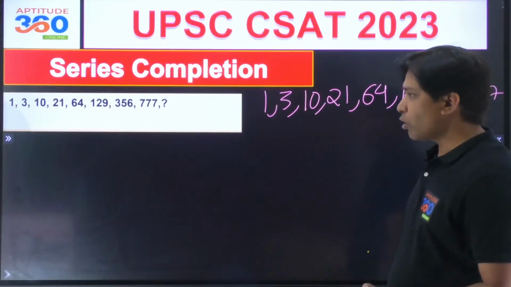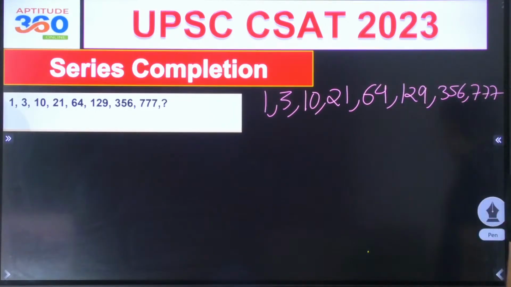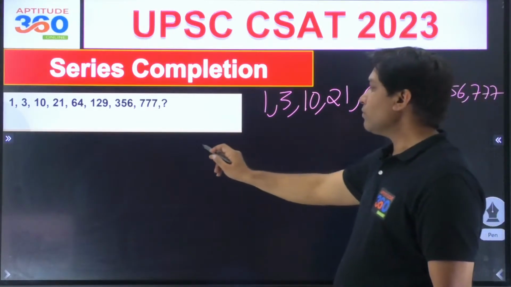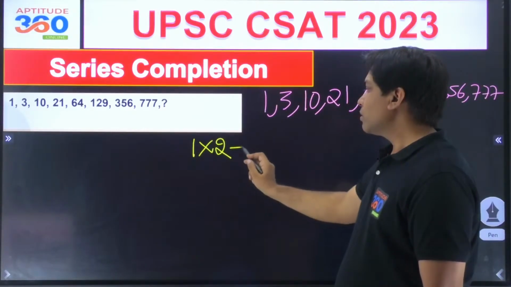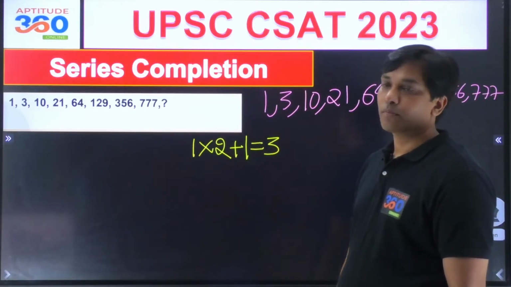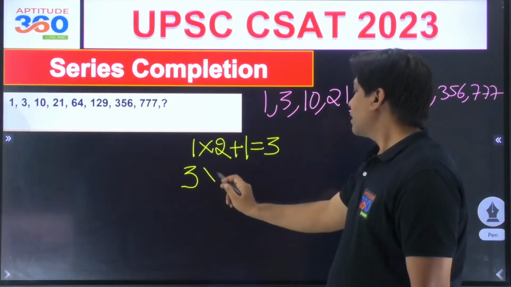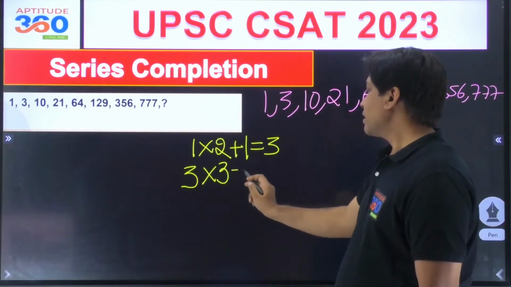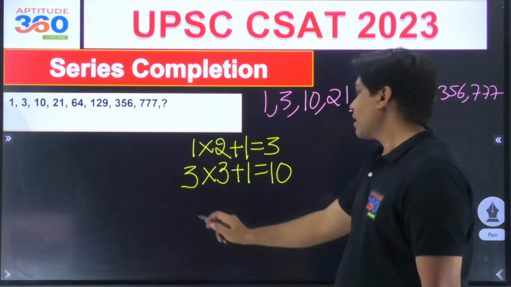What should we do out here, people? Nobody's giving me the answer. How come? You know what? 1 into 2 plus 1 is 3. 3 into 3 plus 1 is 10.